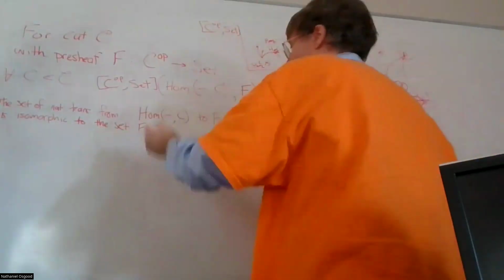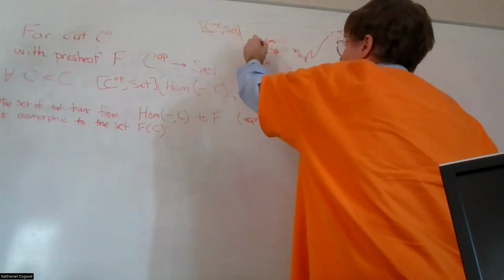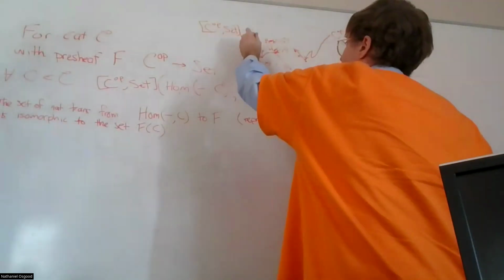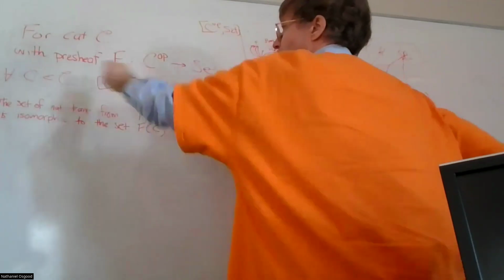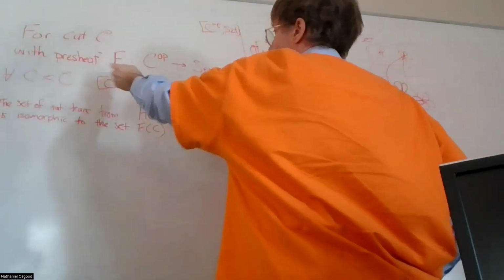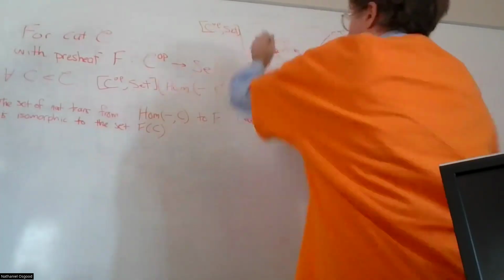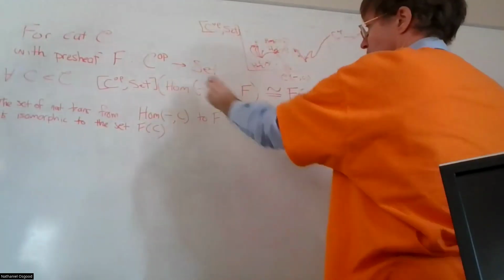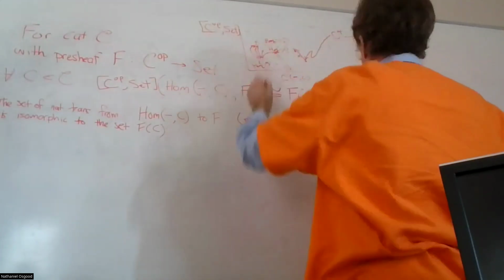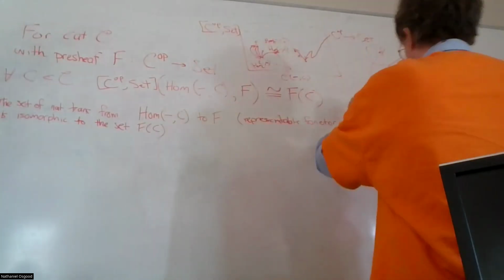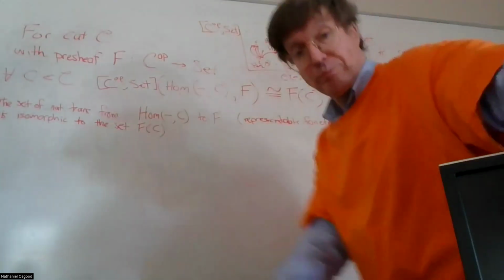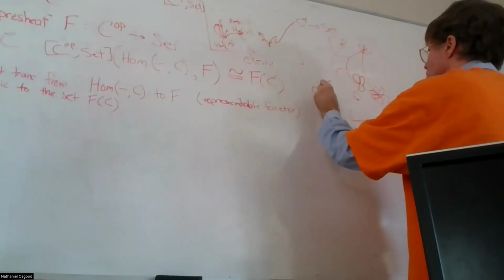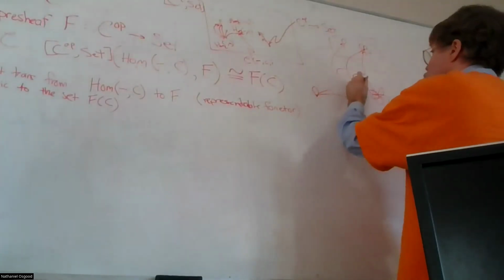The set of natural transformations from one of these to F for pre-sheaf F. So that's one of these diagrams, one of these like bouquet diagrams, and the set of these from a given representable, like maybe it's the representable for loop.